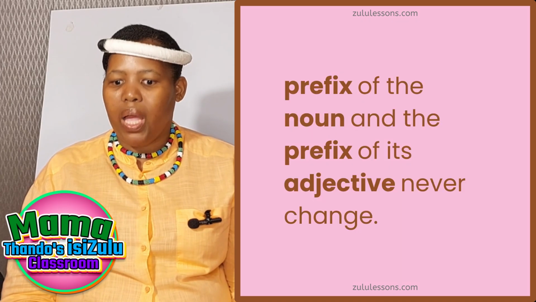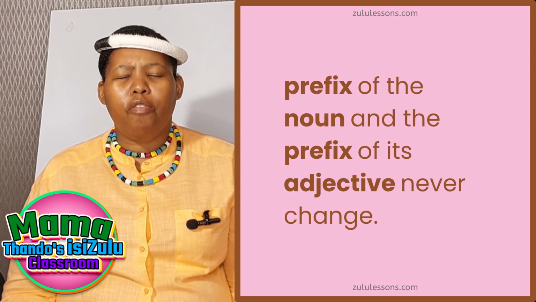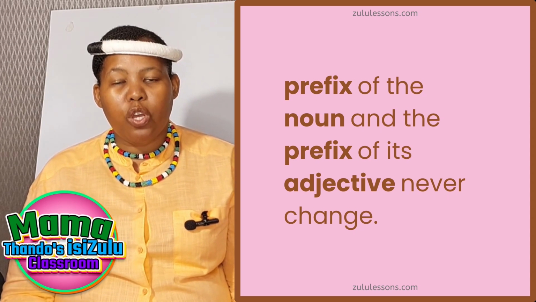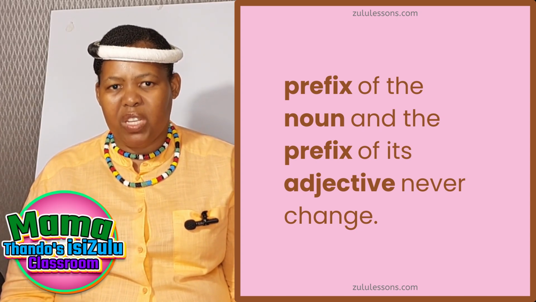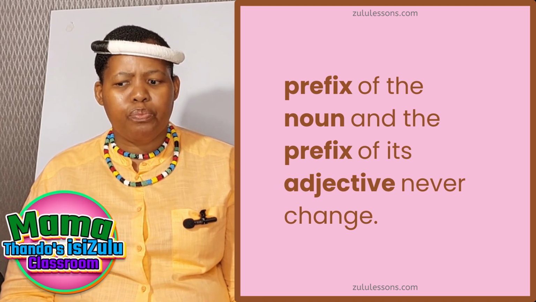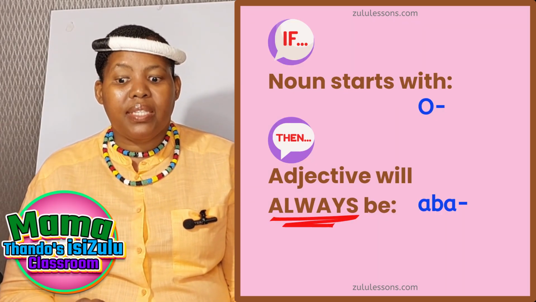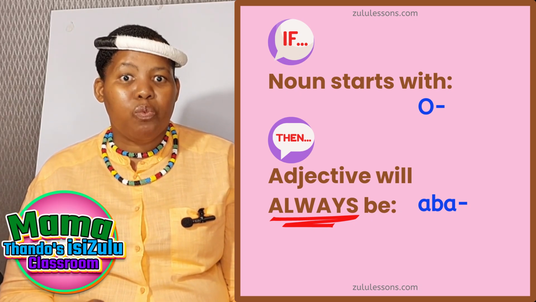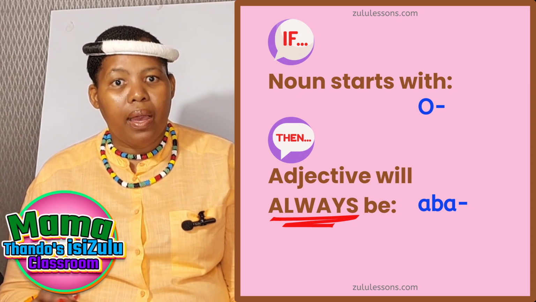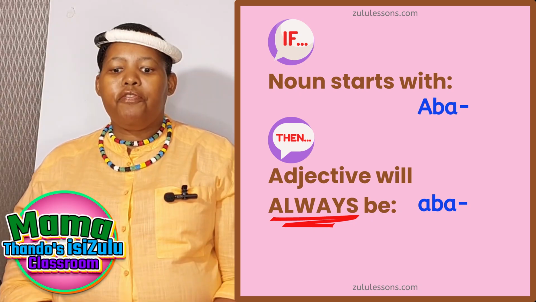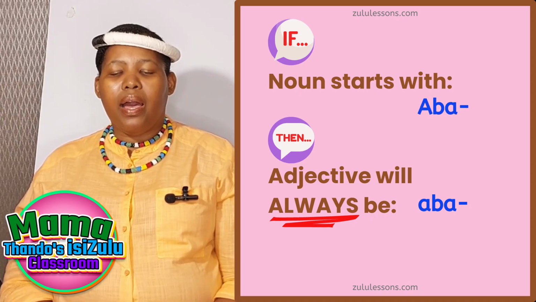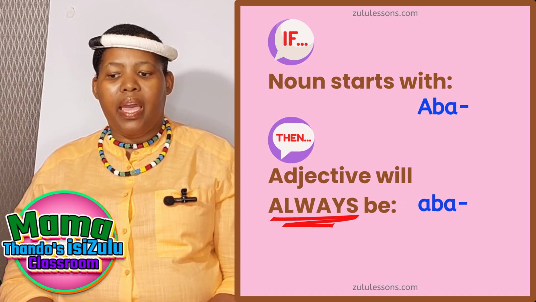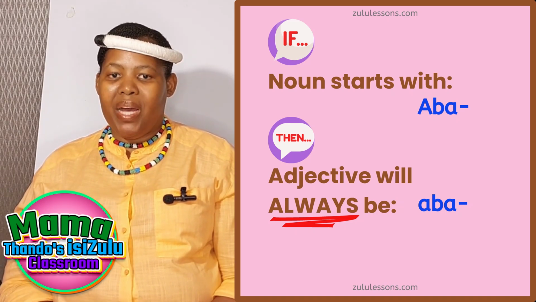The prefix of a noun and the prefix of its adjective never change. If a word starts with o, then its adjective will always start with aba. If the word starts with aba, then its adjective will always have the prefix aba.